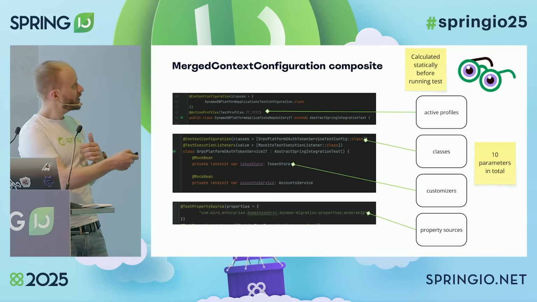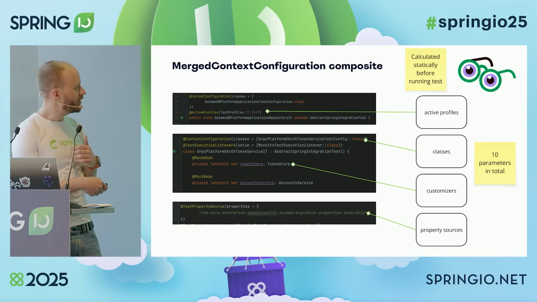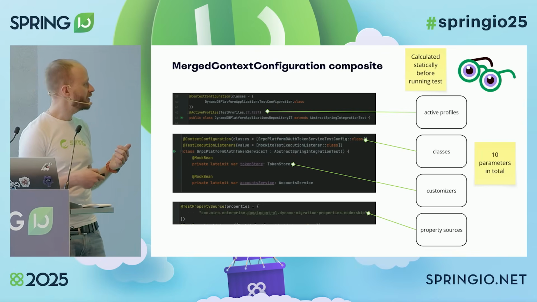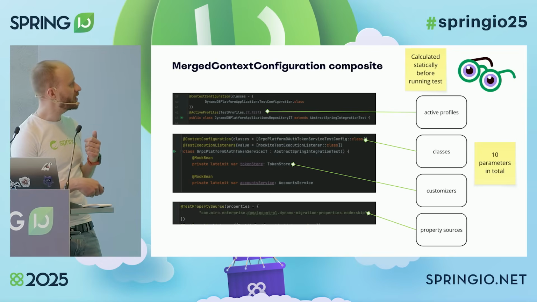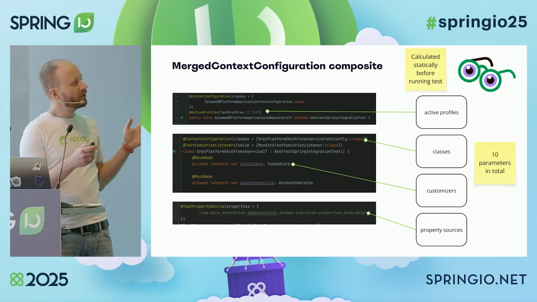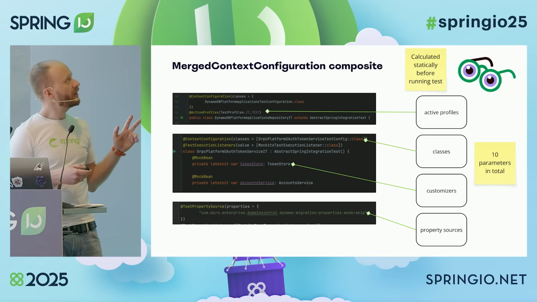For example, it analyzes several annotations like ContextConfiguration and ActiveProfiles. Also, it goes through so-called customizers, for example, analyzing MockBean fields, static methods with the corresponding annotations, and test property sources. In total, it's about 10 parameters.